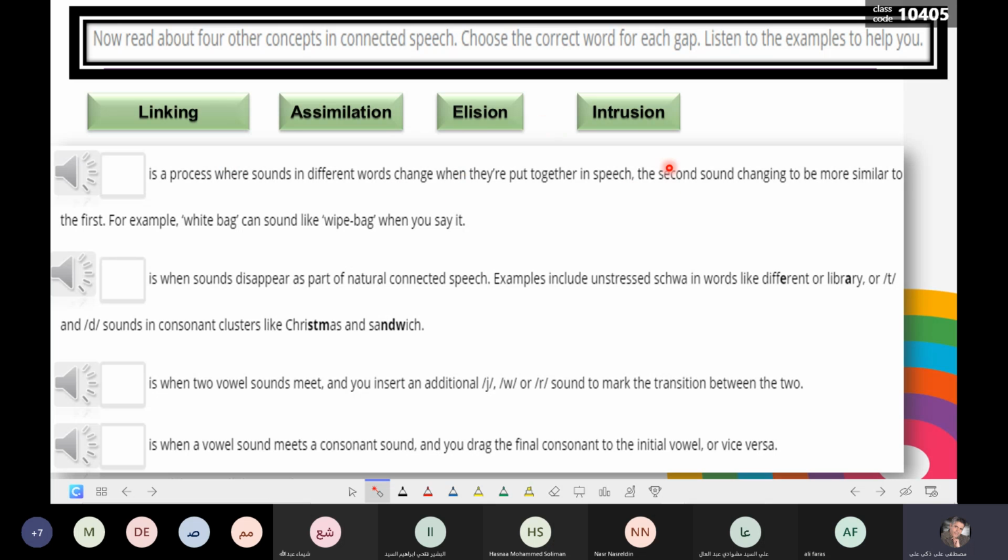Okay, let's go to another four types of terminology: linking, assimilation, elision, intrusion. I want you to read the definitions and decide which terminology goes with which definition here.